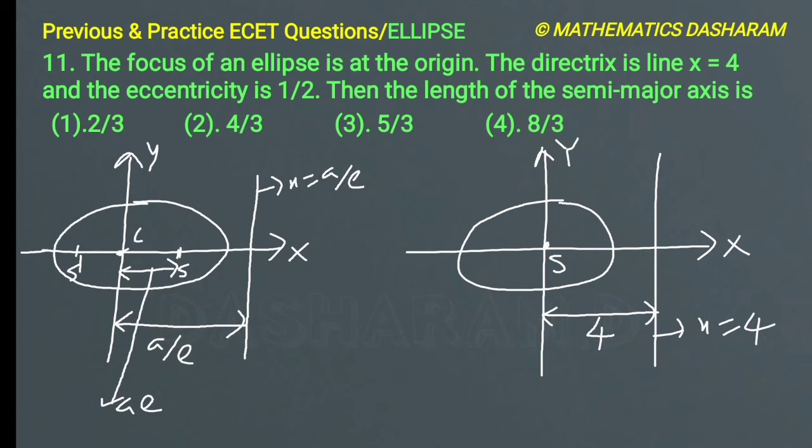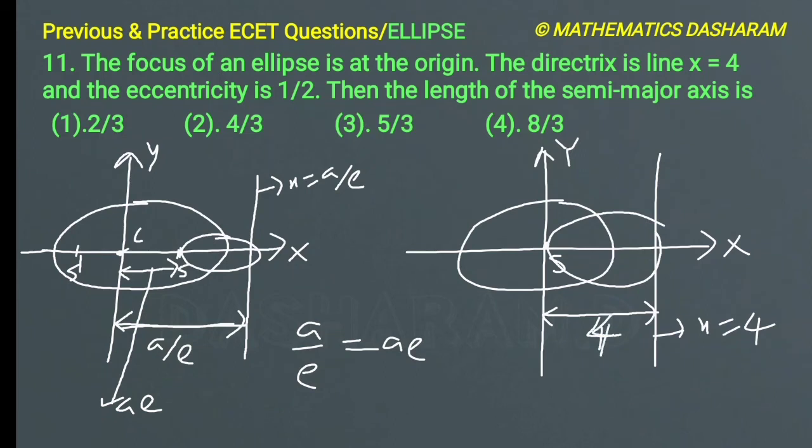So see here, this distance and this distance are both the same. So that means a by e, this total distance, is equals to AE. AE means this one. And what about this distance? This distance is available in the second diagram. What is that? 4.